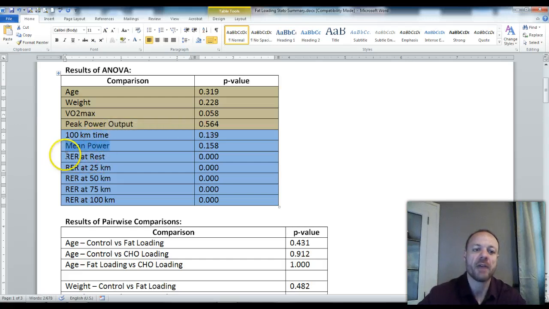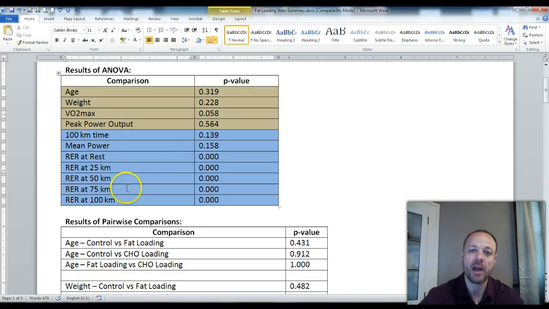And then you'll have a third figure, which is your line graph showing RER at all distances, at rest, 25, 50, 75, and 100 kilometers. Because there is no statistical difference between groups with respect to 100 kilometer time and with respect to mean power, you will not have any symbols of statistical significance on those two figures.